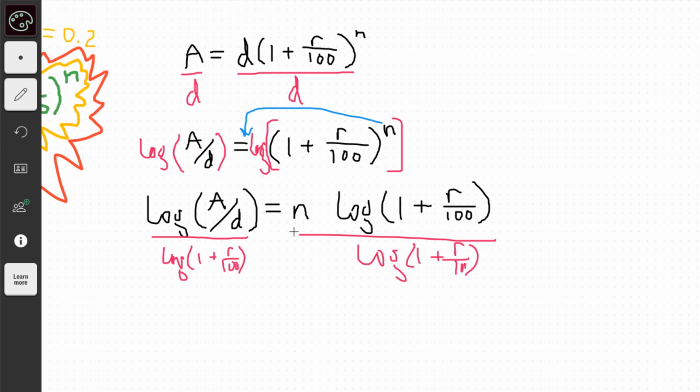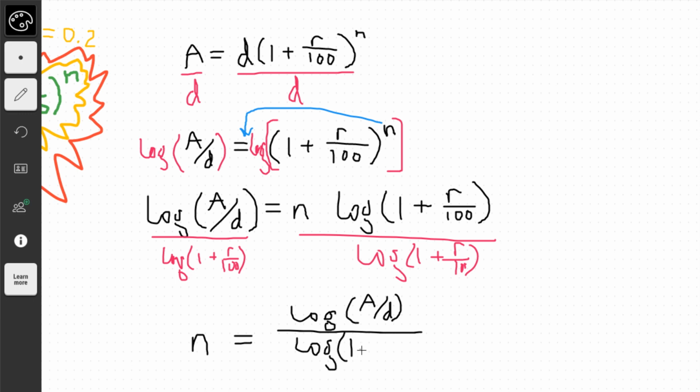Okay, so our next line is just going to be, and I'm going to switch sides for this, n equals log of a divided by d, and we're going to divide that by log of 1 plus r over 100.